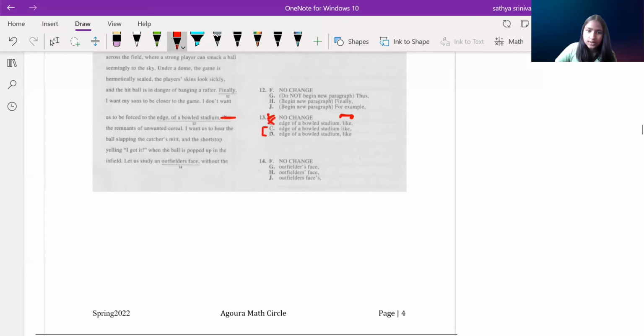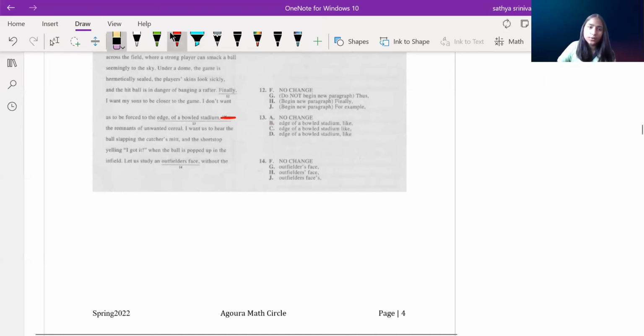So it's between C and D. So the edge of a bold stadium, like, comma, the remnants of unwanted cereal. Would it make sense to put the comma after the like? Not really, right? This question is more basic grammar.